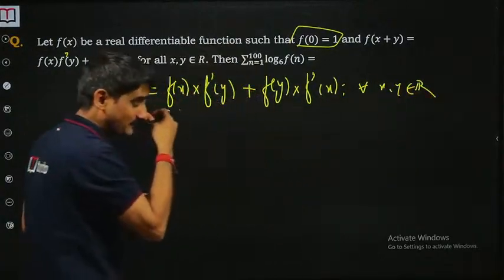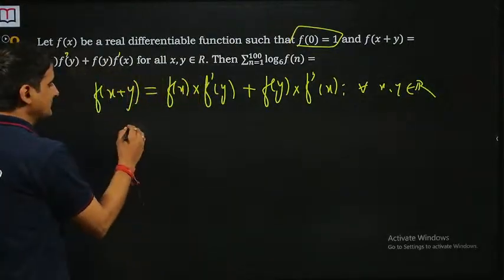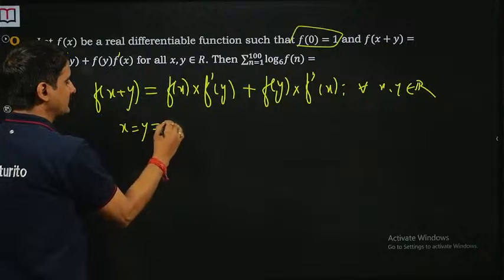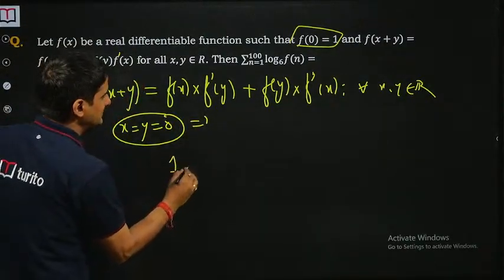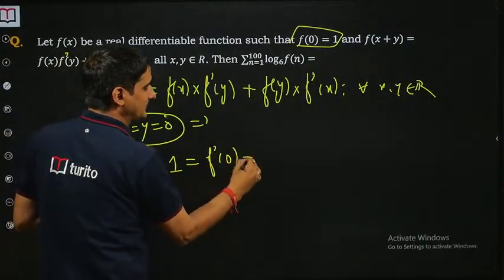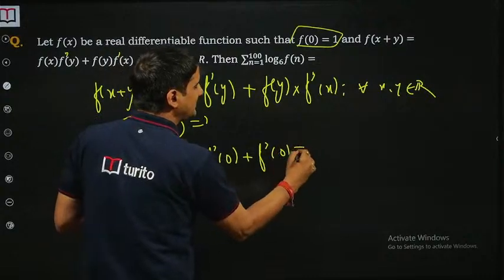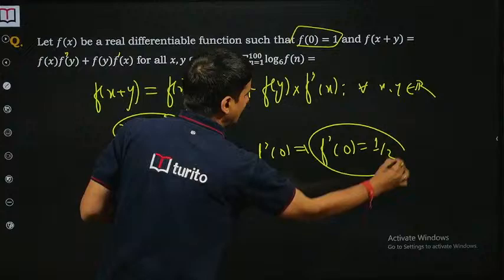Okay, so you see, when we put both x and y to be 0, what we will get? So put x equal to y equal to 0, because this relation holds for every possible value of R. So it's f of 0, which is 1, and this is f0, which is 1, f dash 0 plus f0, again f dash 0. So we get the value of f dash 0 here. That's one thing.